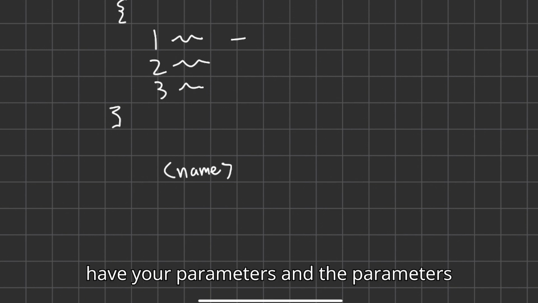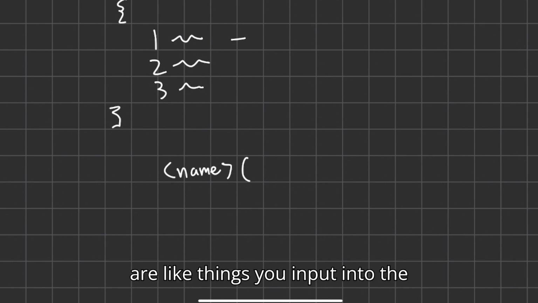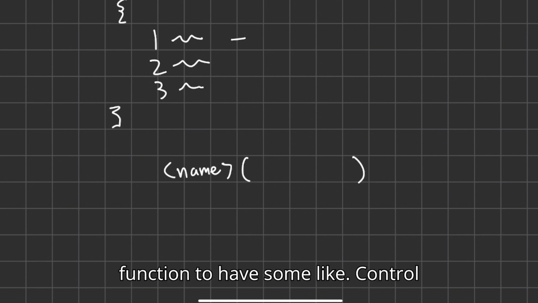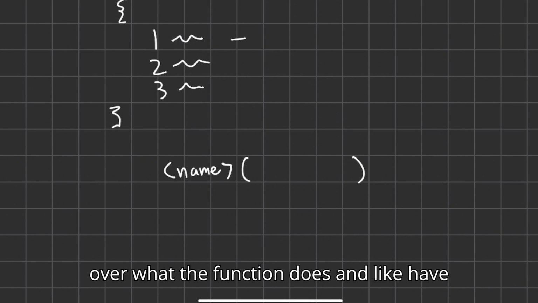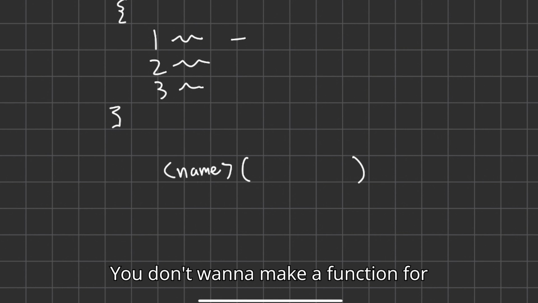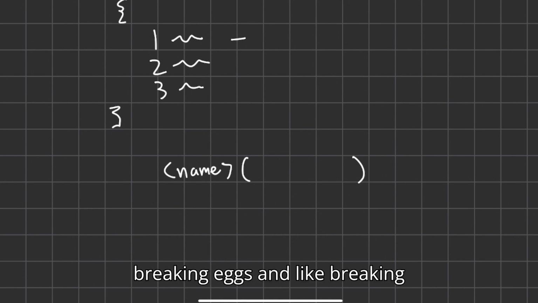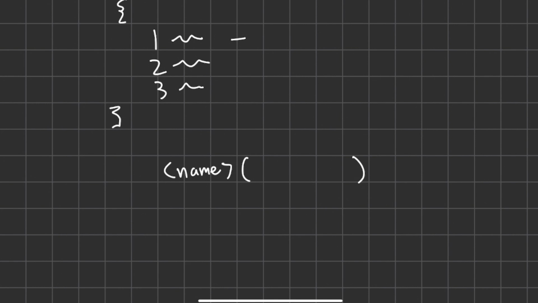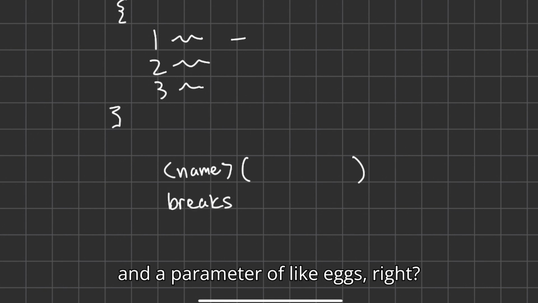And you also have your parameters. The parameters are things that you input into the function to have some control over what the function does and have more freedom over a function, right? You don't want to make a function for breaking eggs and another for breaking a case of cookies. You can just have a name of breaking and a parameter of eggs, right?